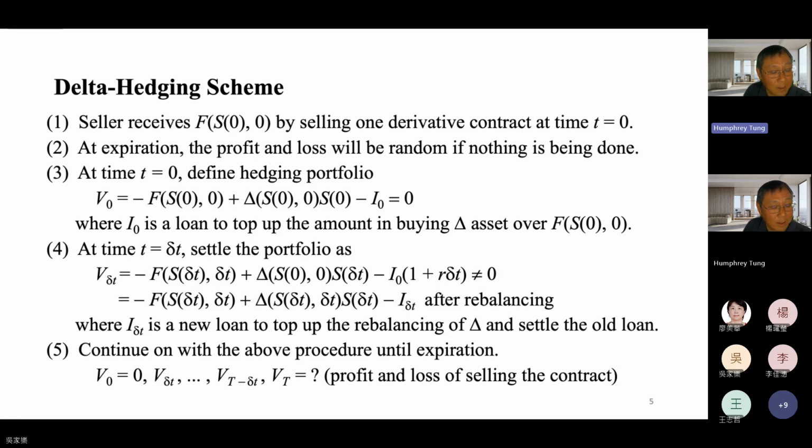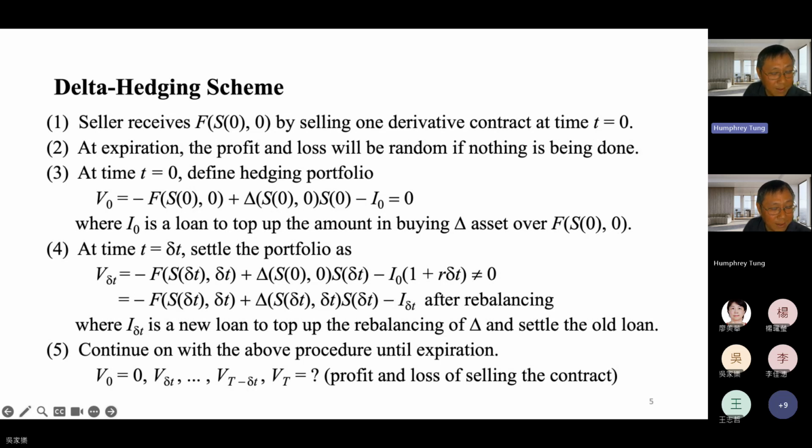Now at the end, if the seller keeps on doing that, by the time the option matures, the seller will settle with the buyer. You can see in my bullet 5, the delta hedging portfolio at current time is zero. At each delta t, you can make it zero by borrowing or saving, all the way to the end.